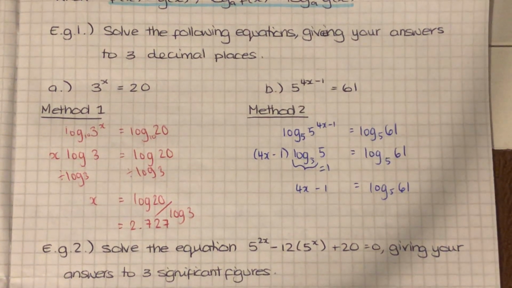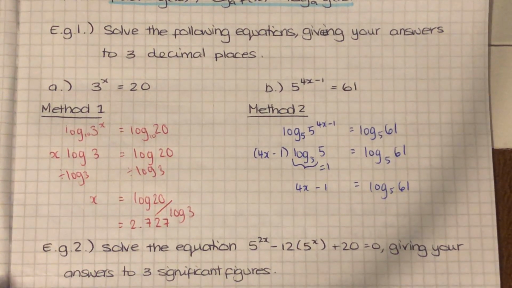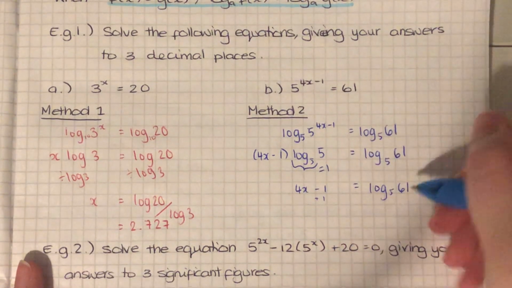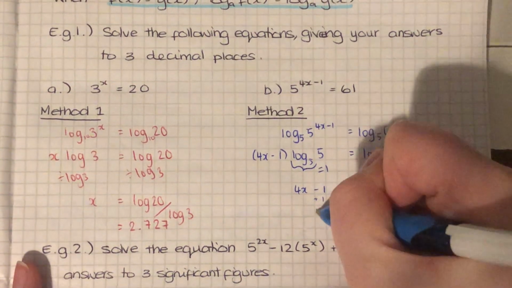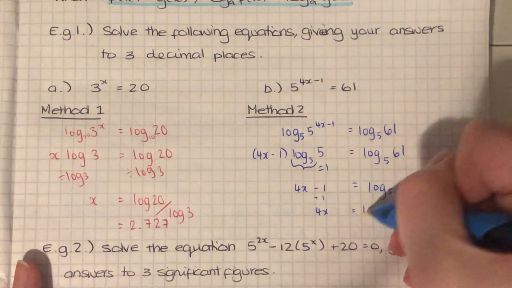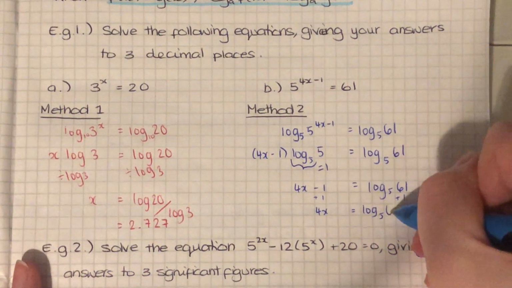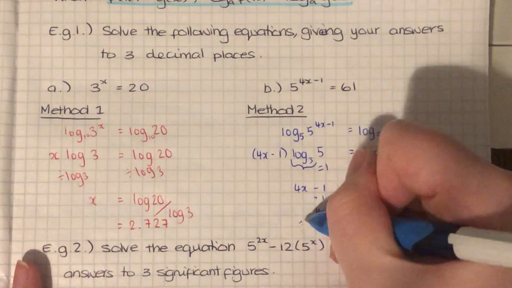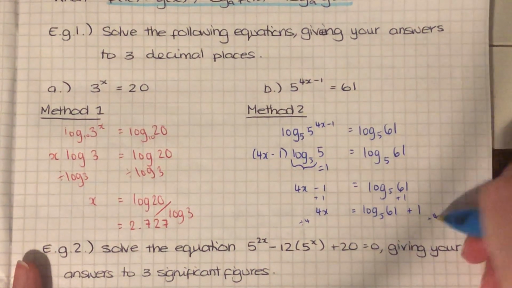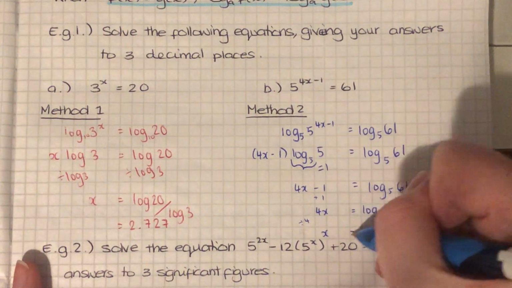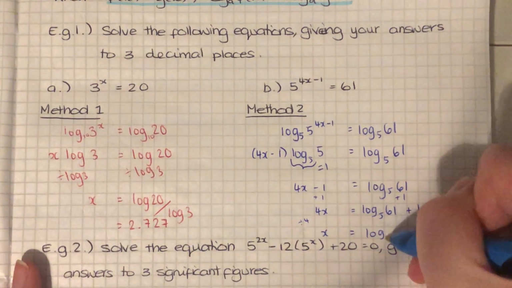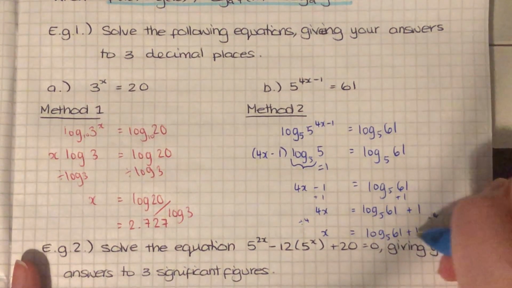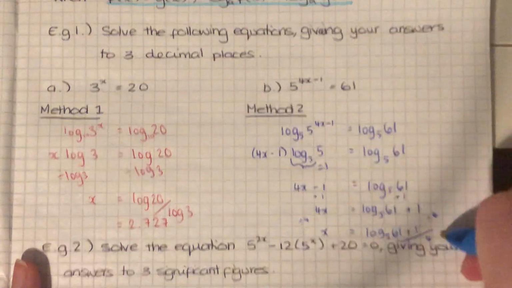Then we're going to solve it just how you would do it at GCSE to work out what x is. So plus 1 onto both sides. So 4x equals log base 5 of 61 plus 1, and then divide by 4. So we've got x equals log base 5 of 61 plus 1, all divided by 4.